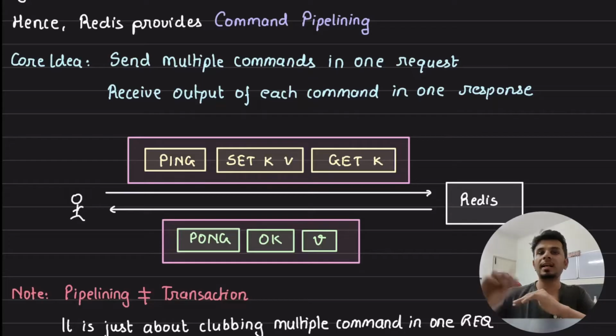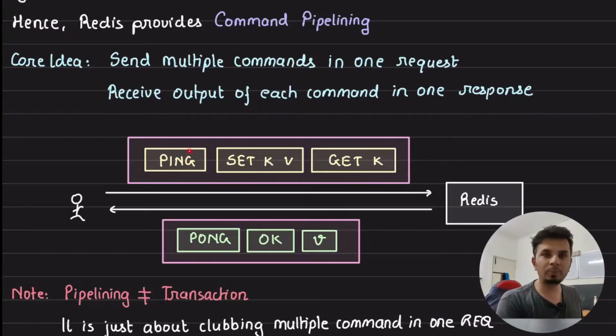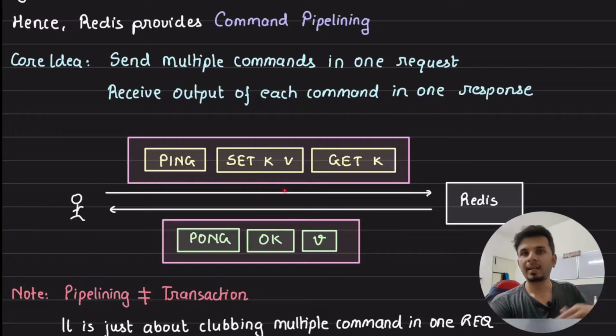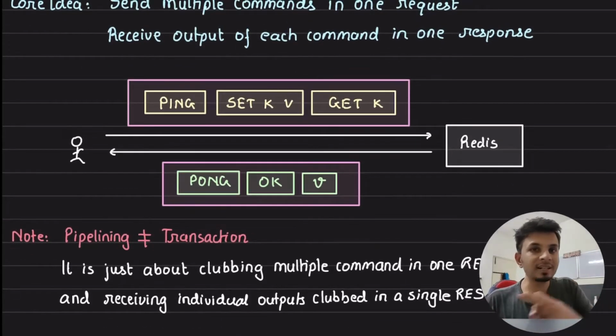And your server can independently execute command 1, then command 2, then command 3, and then in one response, it sends me back the result. So for example, if I do ping, set k v and get k, in response I'll get PONG, OK and v. Here one key thing to note: it is not a transaction.